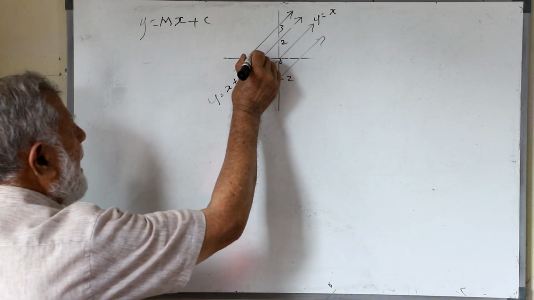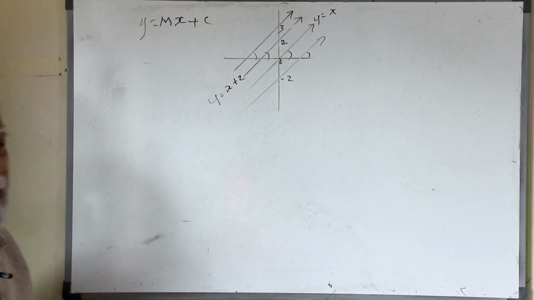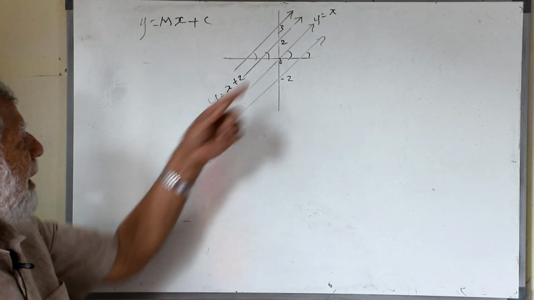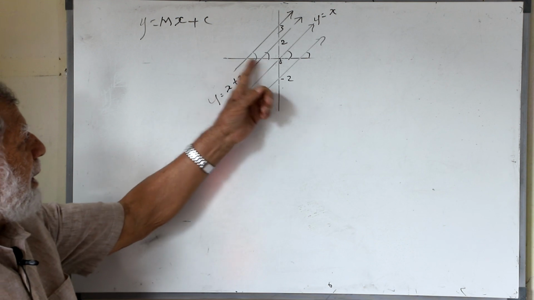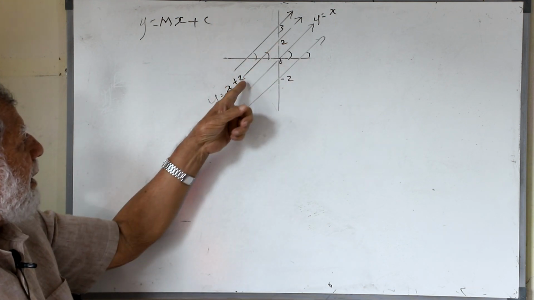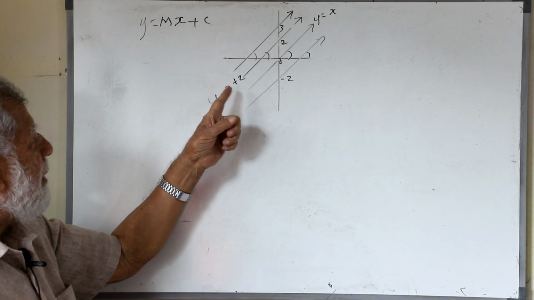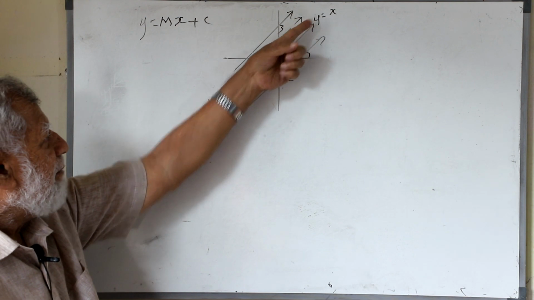Now can you see these angles are all equal? What do you call these angles? These angles are all corresponding angles, because they are parallel lines. They are making equal angles with the x-axis. So immediately we can say that because it is going through 2, the equation of this line is y is x plus 2. Why x? Because it is 1x.